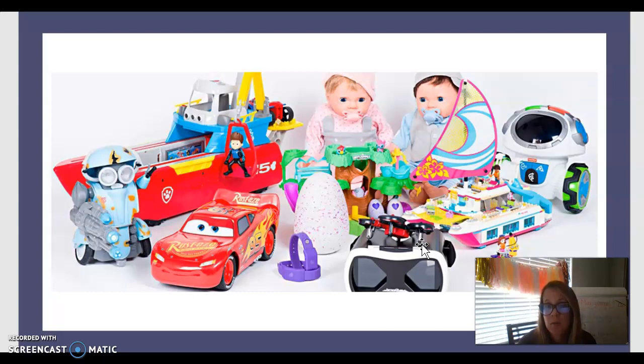This looks like a Paw Patrol boat over here. I could be wrong though, but I see the paw print here. Or there's this big egg or the tree house. So for my next sentence, I would say the egg is lighter than the Paw Patrol boat. I wonder if anybody else said that sentence too.